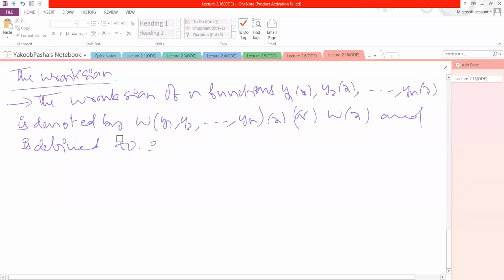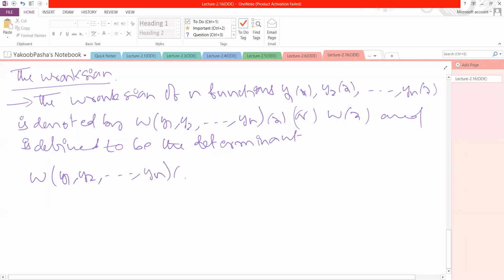It is defined to be the determinant. The determinant is W of y1, y2, up to yn of x, equal to the determinant where first you write the solutions y1, y2, up to yn, and then the first order derivatives y1 dash, y2 dash, and so on yn dash.